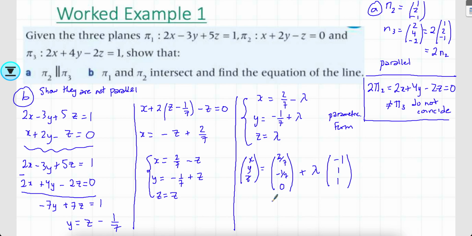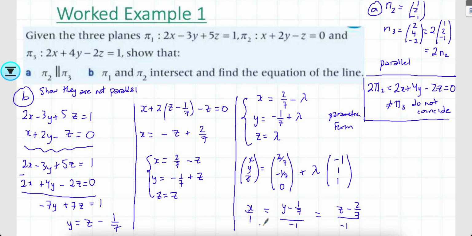So just to clarify on this. The Cartesian form that they have is x over 1, y minus 1 over 7 over minus 1, and z minus 2 over 7 over minus 1.